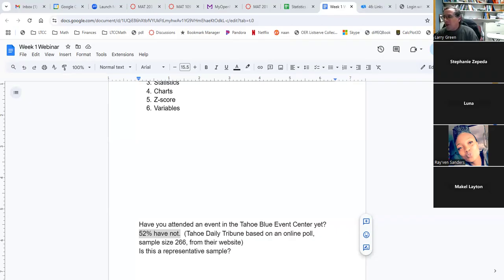So now comes the hard question. If you were in charge of the event center and you wanted to find out what percentage of Tahoe people have attended an event at the event center, and let's say you wanted to survey 266 people, but you wanted a representative survey that doesn't have bias, any thoughts on how you might do it?